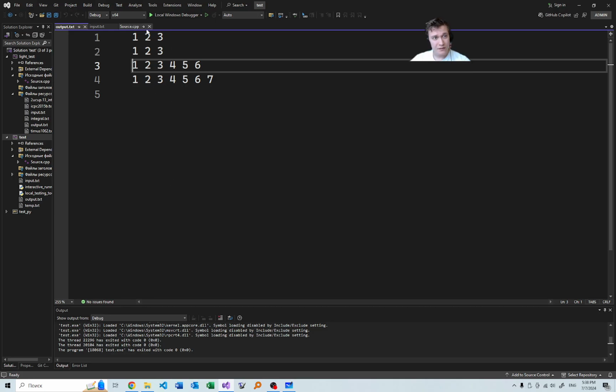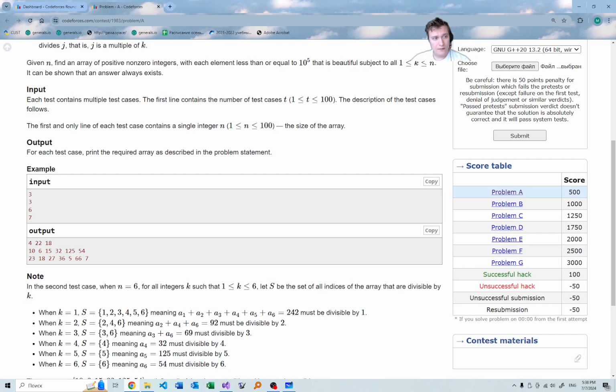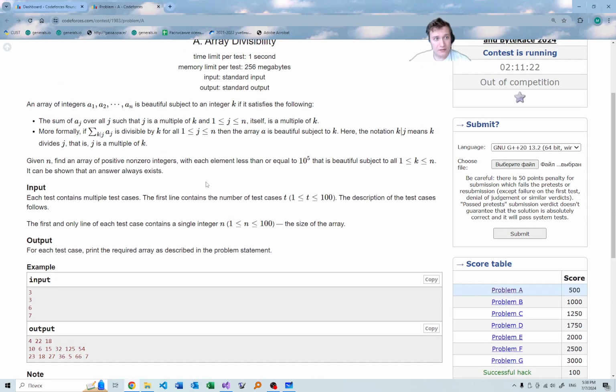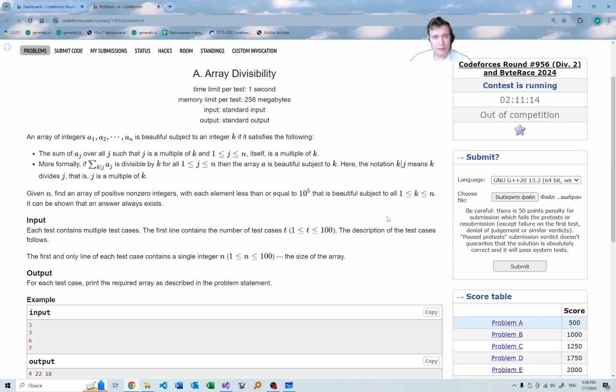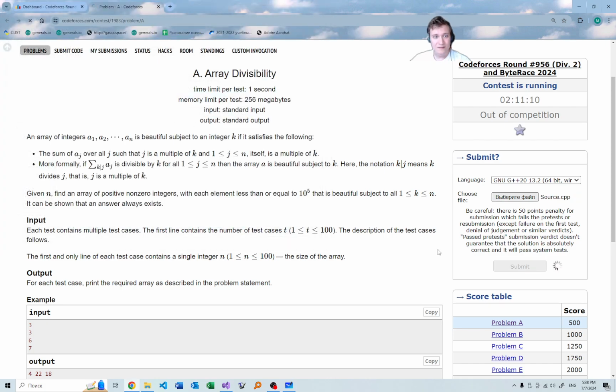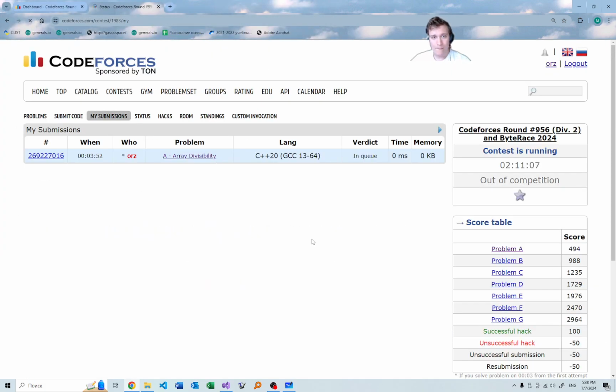One, two, three. What? It's that simple. We just put all numbers from 1 to n. It's so stupid. Oh my god, this is a very stupid problem. Okay, did I manage to solve it?